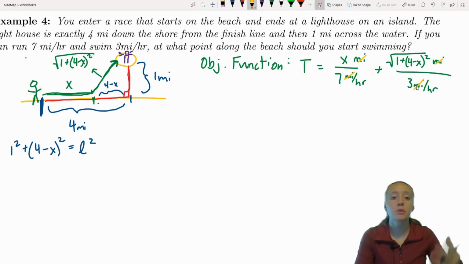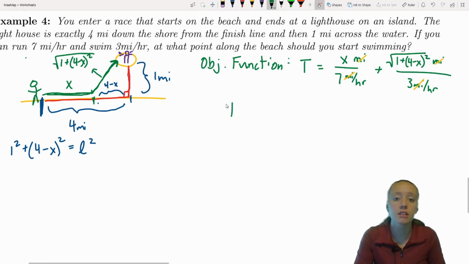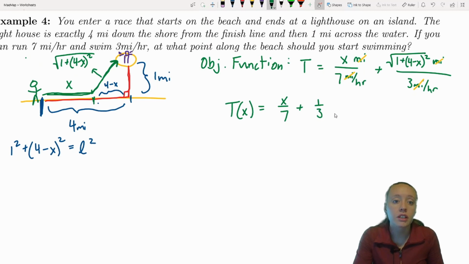So my time is in terms of hours and my distances are in terms of miles. So I'll drop my labels and write that my objective function t of x is equal to x over 7 plus 1/3 times the square root of 1 plus (4 minus x) squared.